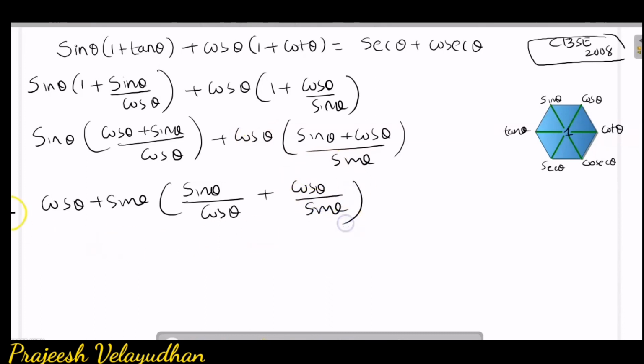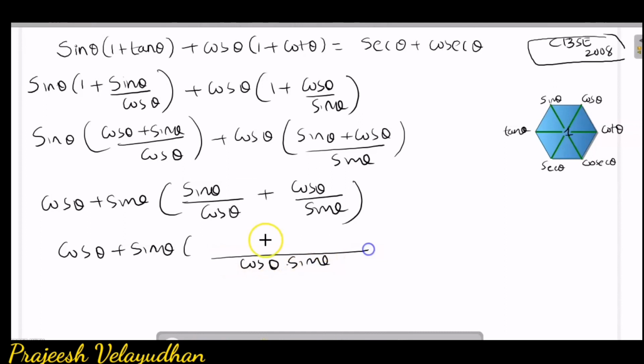Now cos theta plus sin theta, as it is you can write. Here you don't write sin theta upon cos theta as tan theta, because from tan theta we created this one. So we can use addition of fractions here. The LCM is cos theta into sin theta.